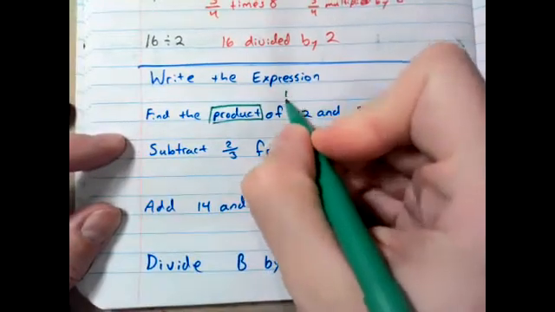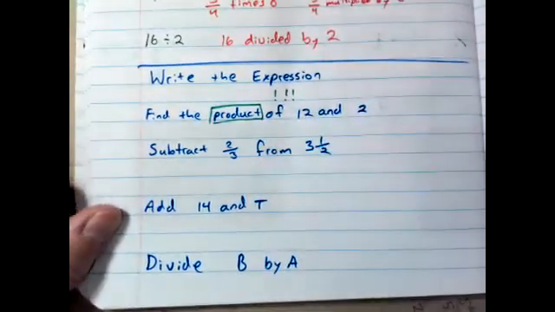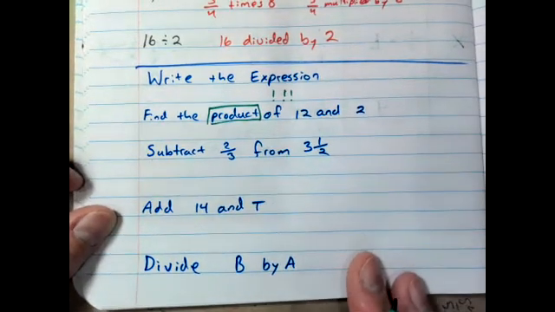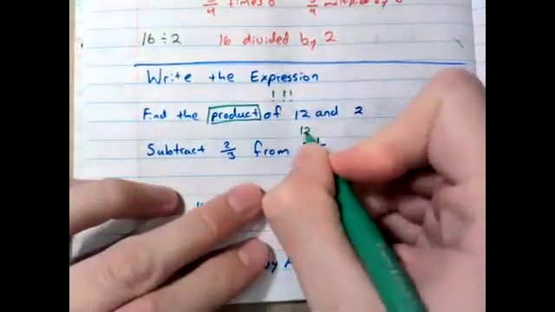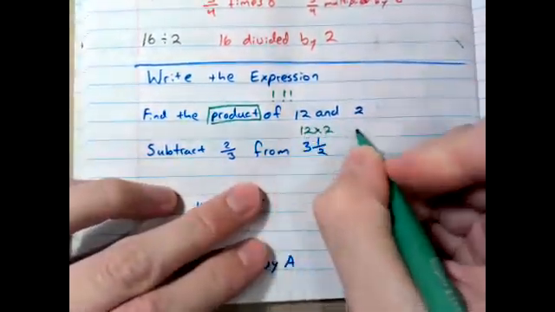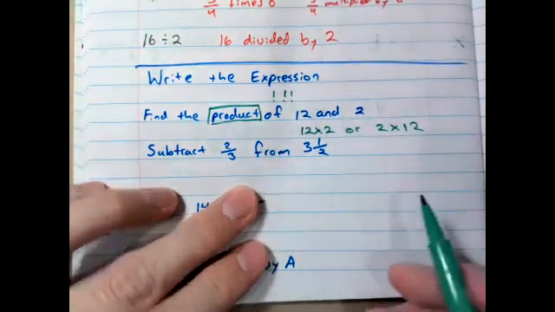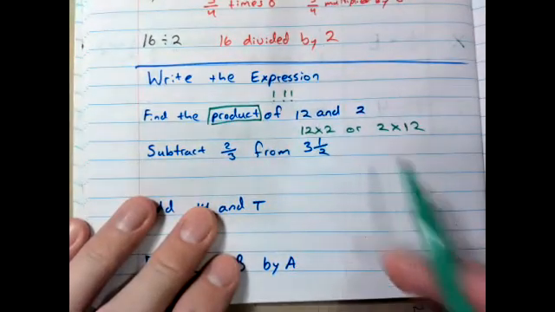What's the clue? 12 and 2. What would the expression be? Now this could be 12 times 2 or 2 times 12. There is a commutative property that can be applied to this expression.